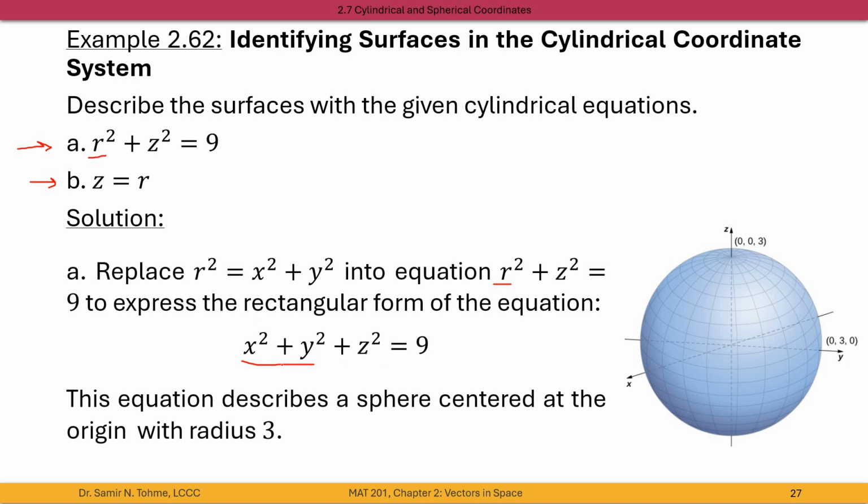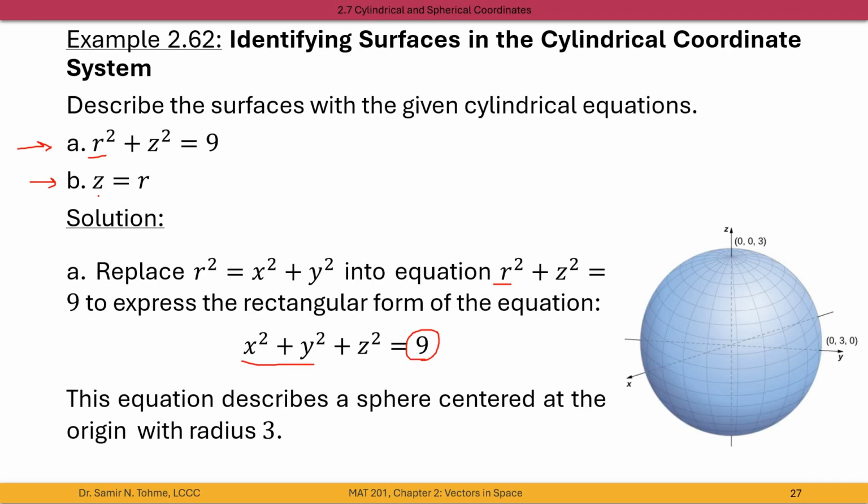If you look at this equation, we know exactly what it is. This is an equation that describes a sphere, and the center is the origin. You can see from here that the center is the origin and the radius is equal to 3.